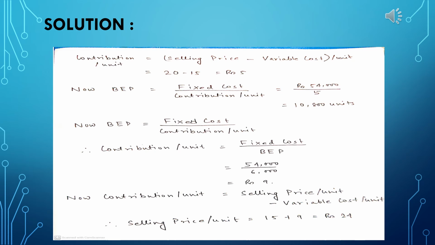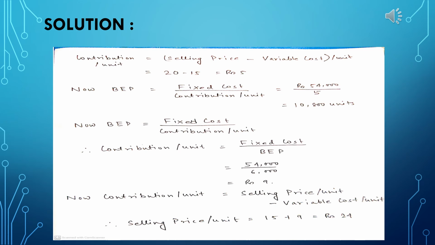Now the break-even point is fixed cost divided by contribution per unit, where our fixed overhead has been mentioned in the sum to be 54,000 and the contribution per unit we have calculated as rupees 5. We easily get the break-even point to be 10,800.